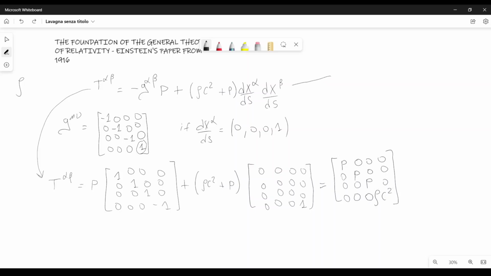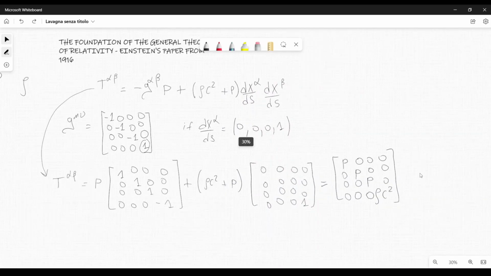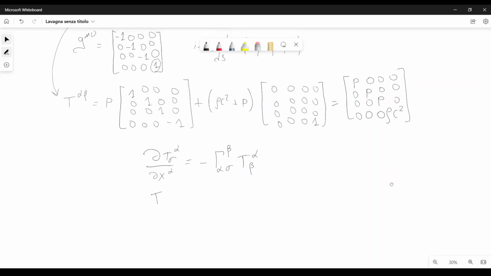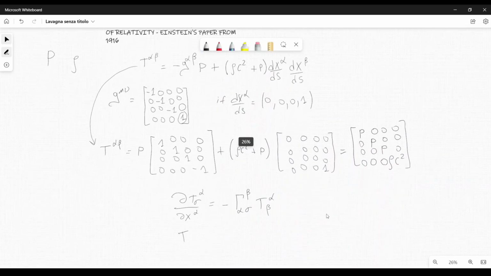Now we can consider this general expression together with the equations that we have already found in general relativity. So let me write some equations down. We have derivative T alpha sigma with respect to x alpha. We found this to be equal to minus gamma beta alpha sigma times T alpha beta. Then we can rewrite the expression above for the energy tensor, in this case for this fluid, with mixed indices.